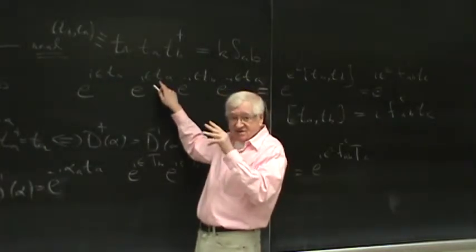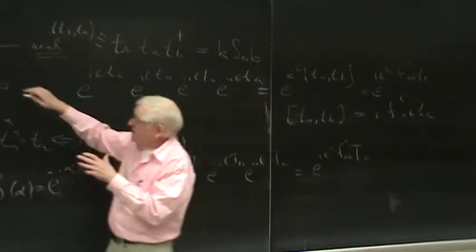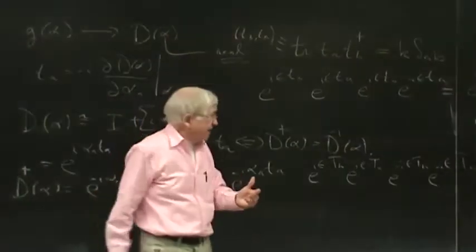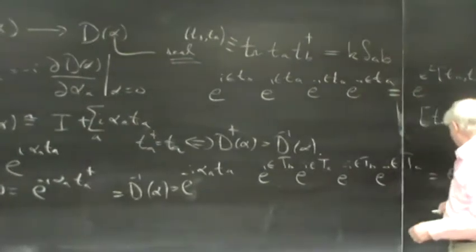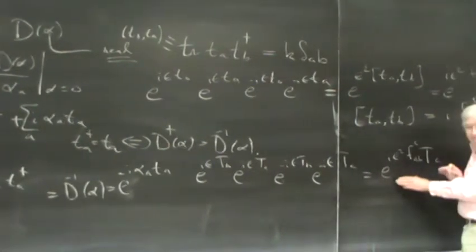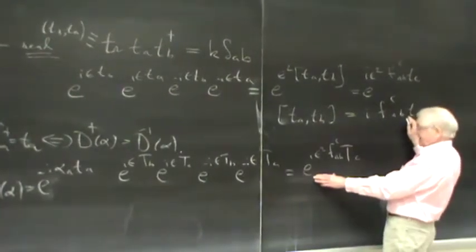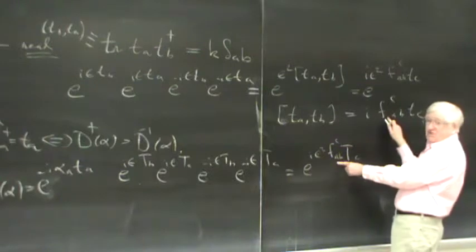This represents the group element corresponding to all the parameters 0 except for the a-th element, which is then epsilon. And the same thing is true here. That means this guy has to represent the same group element as that guy. And the only way it can is if the parameters are the same.